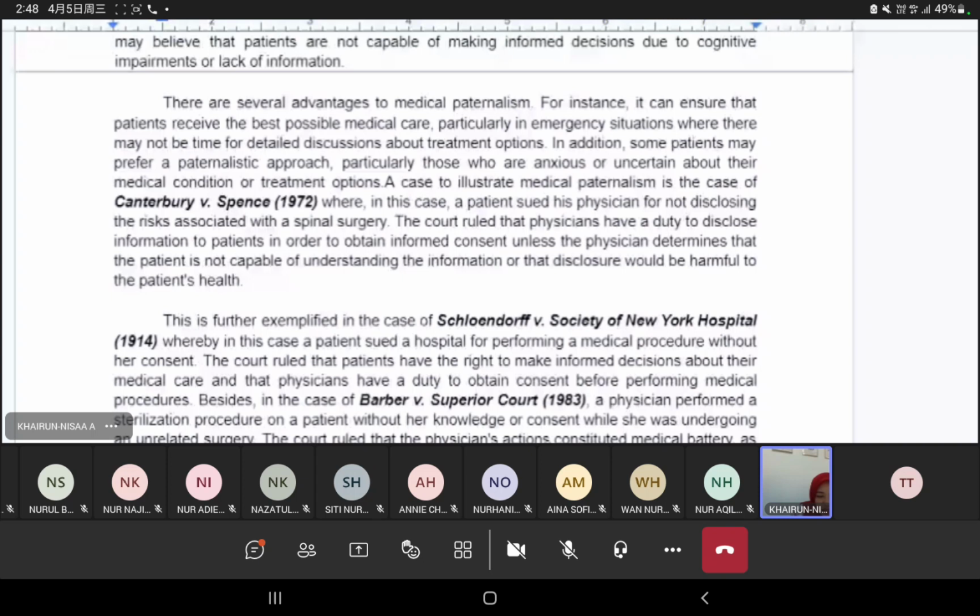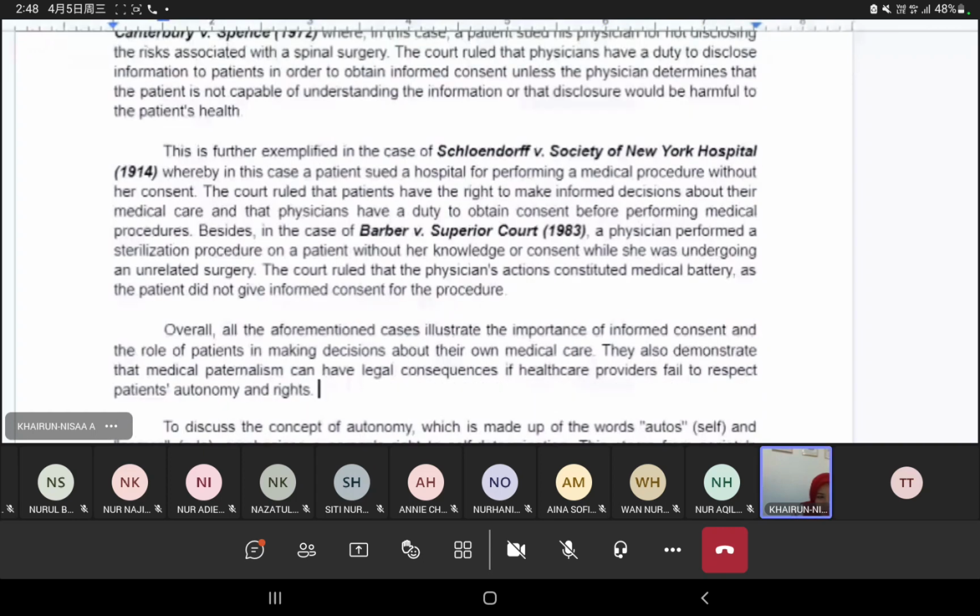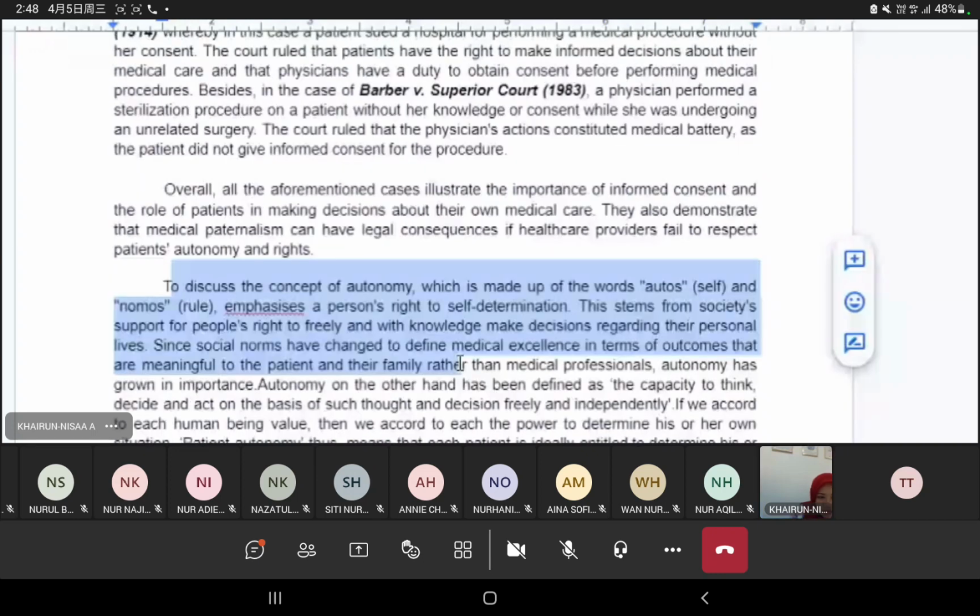Overall, the aforementioned cases illustrate the importance of informed consent and the role of patients in making decisions about their own medical care. They also demonstrate that medical practice can have legal consequences if healthcare providers fail to respect patients' autonomy and rights. Then you go on by explaining more about patients' autonomy, more and more explanation.